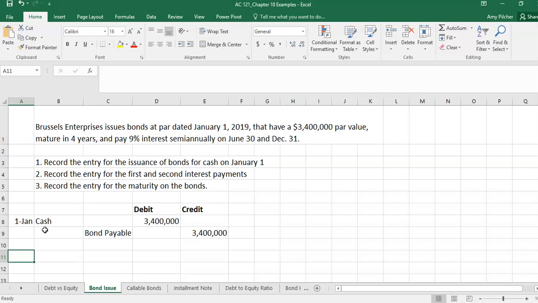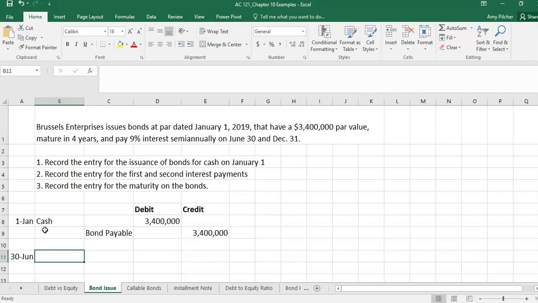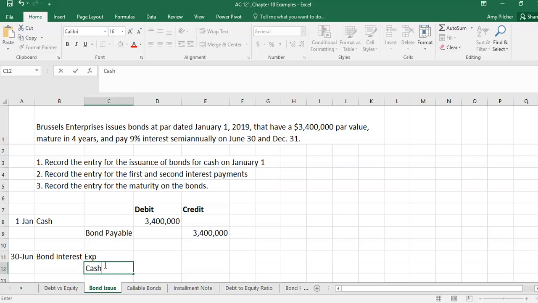When we pay our semi-annual interest, so our first interest payment is on June 30th, we're going to have an interest expense and pay cash. So the amount of interest, remember, is the amount times the rate times time.